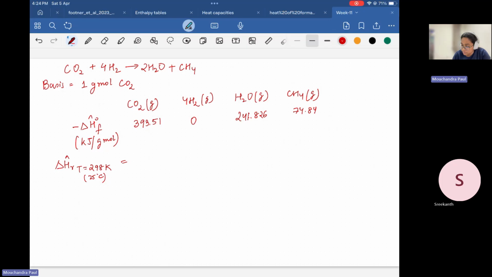So the product side, there are 2 moles of H2O, minus 241.826, plus minus 74.84, products minus, for CO2 it is minus 393.51. For H2 it is 0.